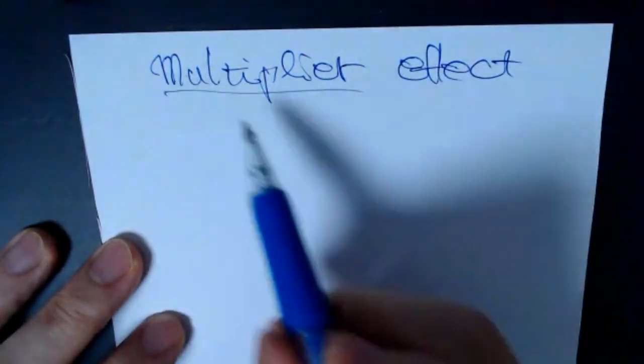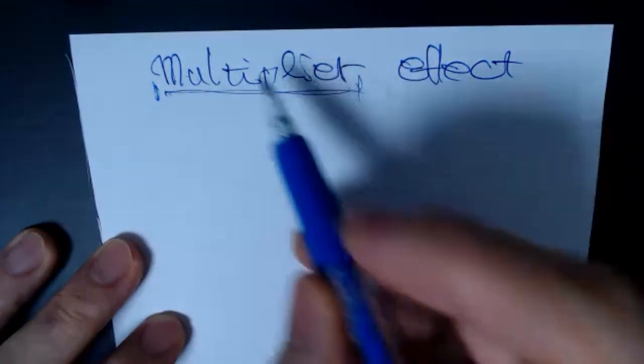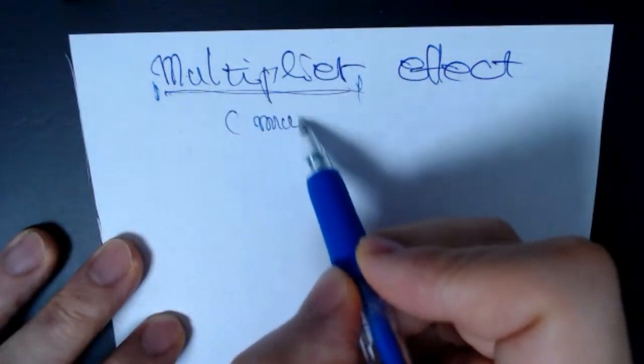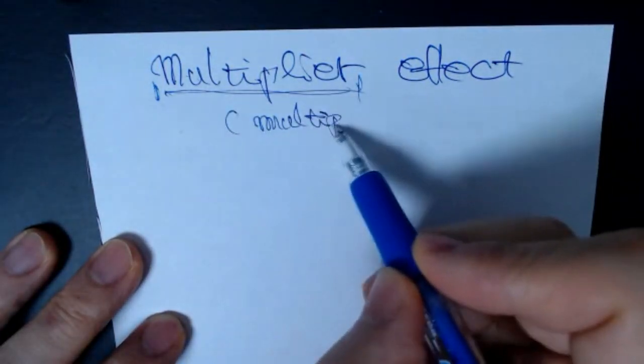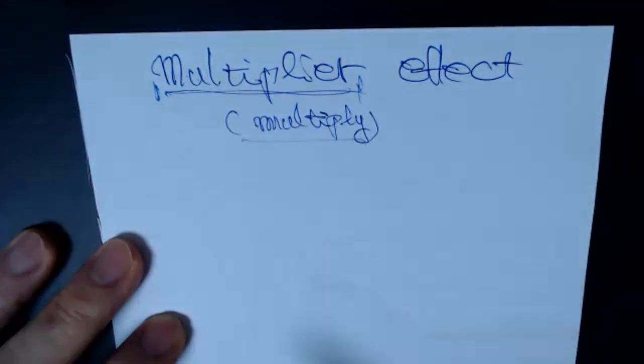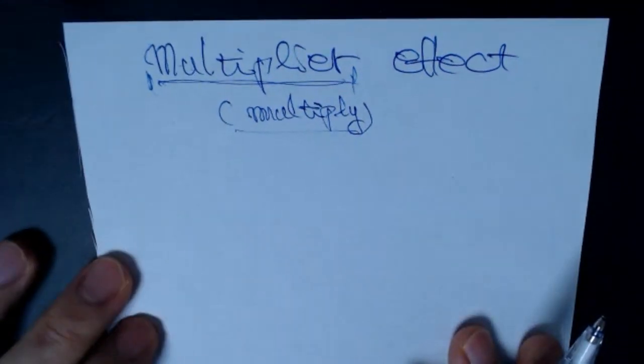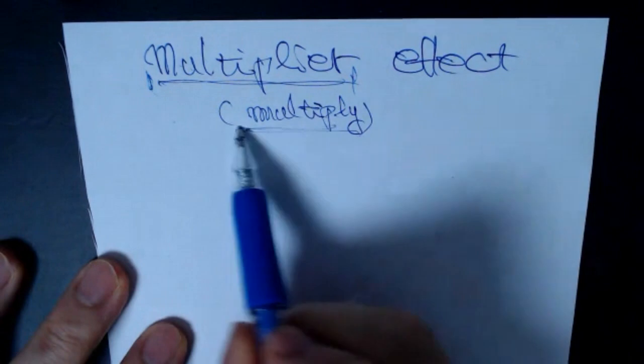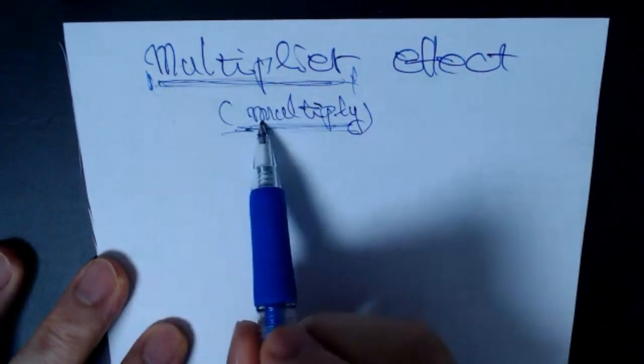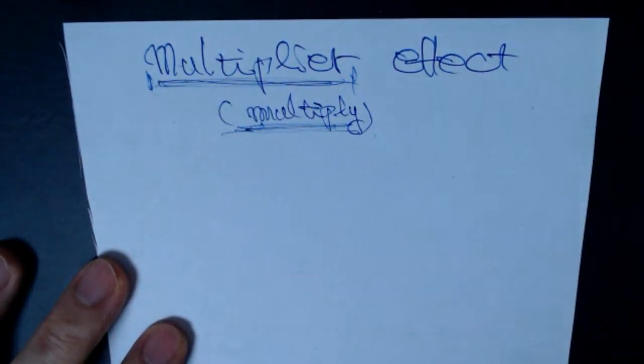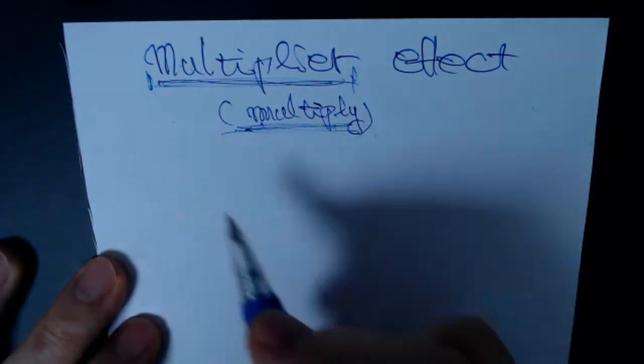So multiplier comes from the word multiply, right? Multiply means making many times bigger. So what do we call multiply? What is multiplied by what, and because of what? That's a key question.